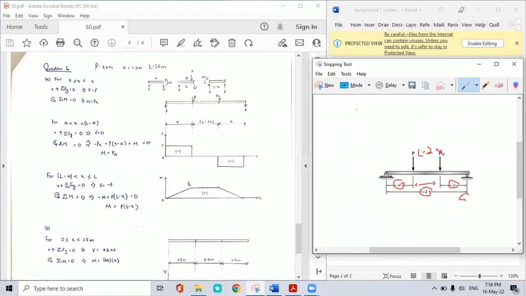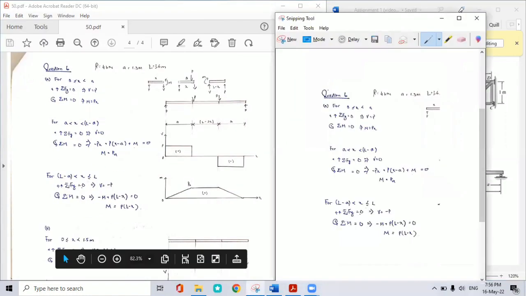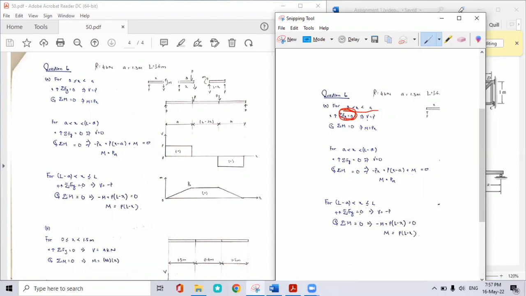So we have to set up equations like this. For 0 to A, the sum of vertical force is 0 and V equal to P, and the sum of moments is equal to 0 and moment is equal to Px. For A to L minus A, the sum of the vertical force will be equal to 0.